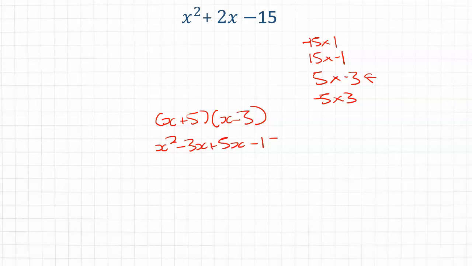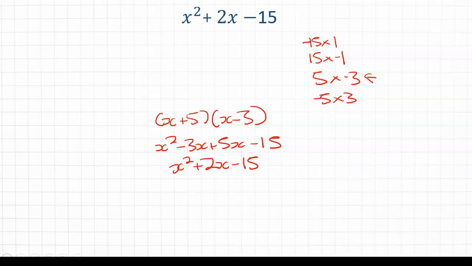We can combine the minus 3x and the 5x, which is the same as 5x minus 3x, which comes to 2x. So we get our original quadratic expression, thus proving that x plus 5 times x minus 3 is x squared plus 2x minus 15 factorized.